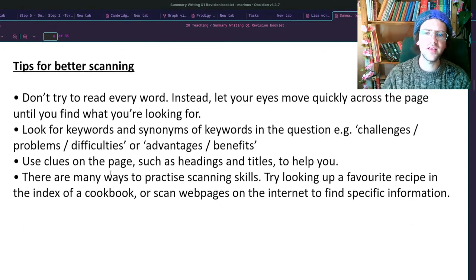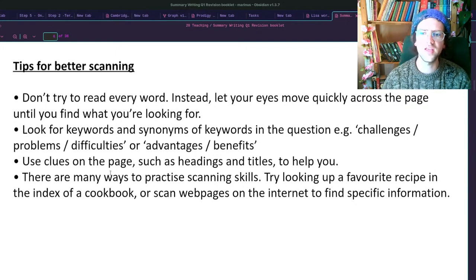So, tips for better scanning. Don't try to read every word. Instead, let your eyes move quickly across the page until you find what you're looking for. Look for keywords and synonyms of keywords in the question, like challenges, problems, difficulties, advantages, or benefits.